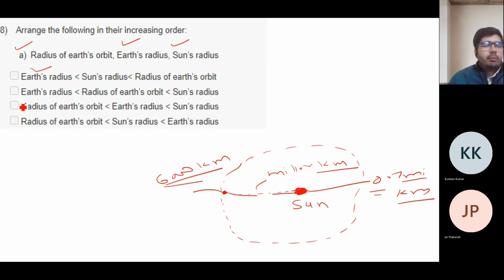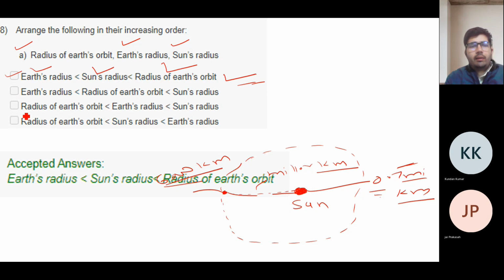Option A or option B can be correct, because both have Earth radius first. After that, Sun radius, and after that the radius of Earth's orbit. Option A is correct, because the radius of Earth's orbit is highest. So the correct option is option A.